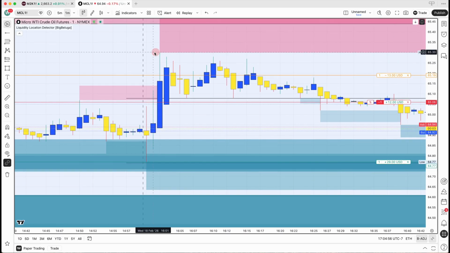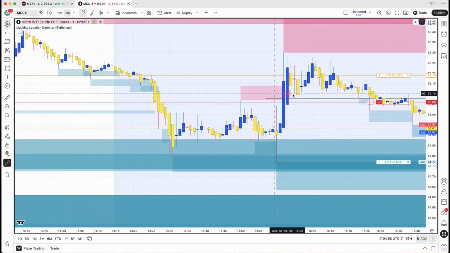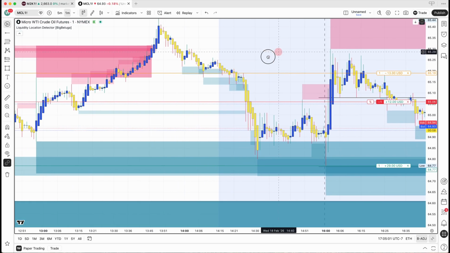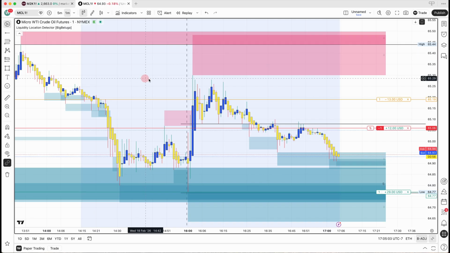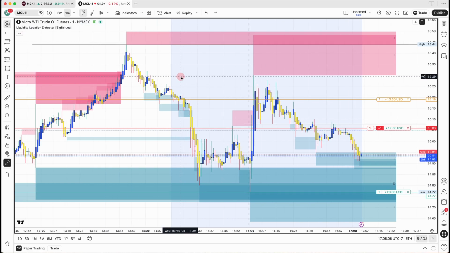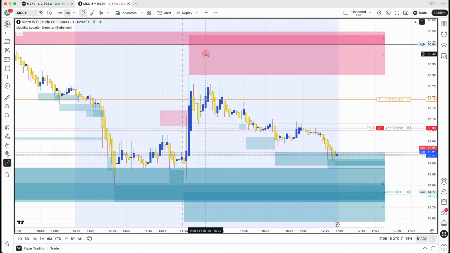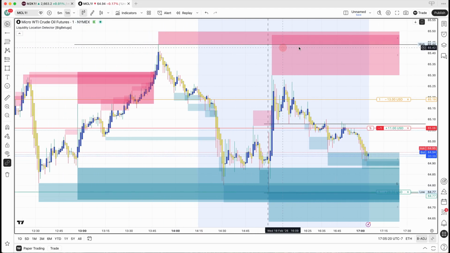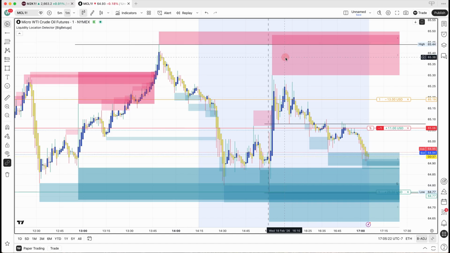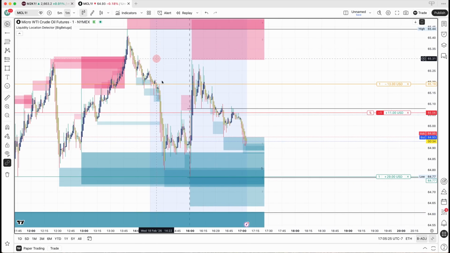to 65.30. Now, what my hope was for this demonstration was that the price would go back up to the previous day high, which was 65.44 during the New York session, and then we would take a trade from the top, or what we call the resistance, down to previous support, which is at 64.77.